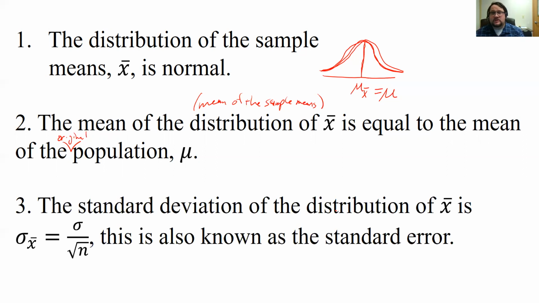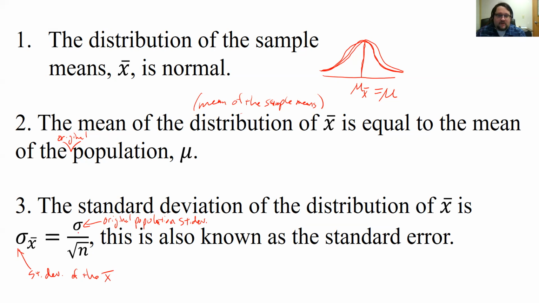Now the standard deviation for all the sample means is not going to be the same as the standard deviation for the original population. This one is the original population standard deviation, a population parameter, and this is the standard deviation of the means.